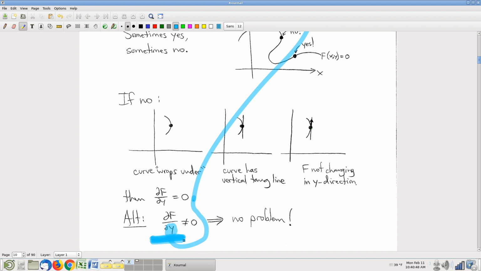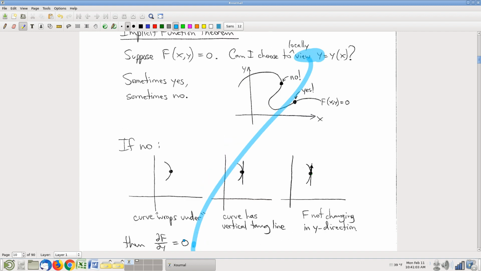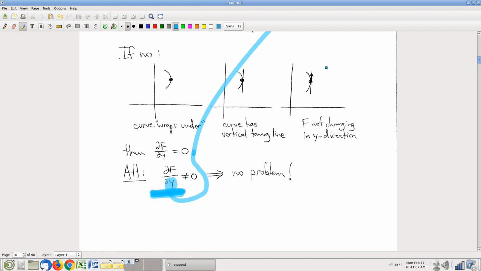Don't take the partial with respect to x. You're going to want to, thinking to yourself, but I want to know dy dx. Don't I need the x derivative here? Isn't that what I'm here for? No. For the moment, we're trying to decide if we can view y as a function, and so go through the argument, and the punchline is you need to take the y partial to establish that.